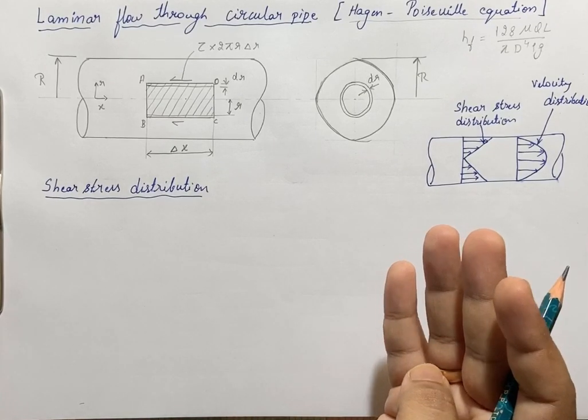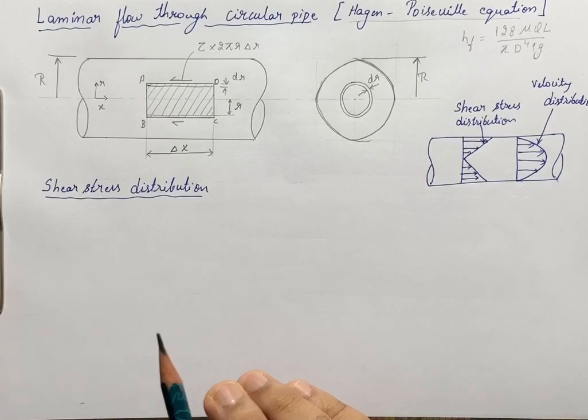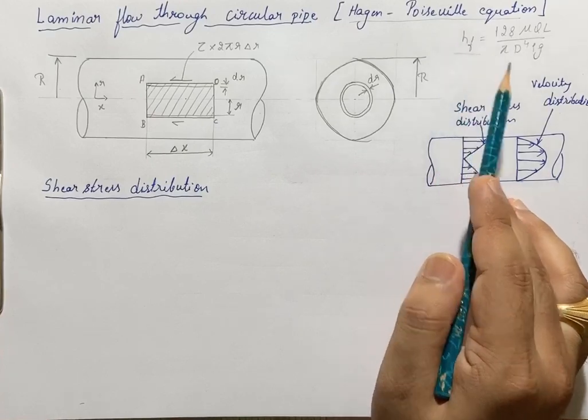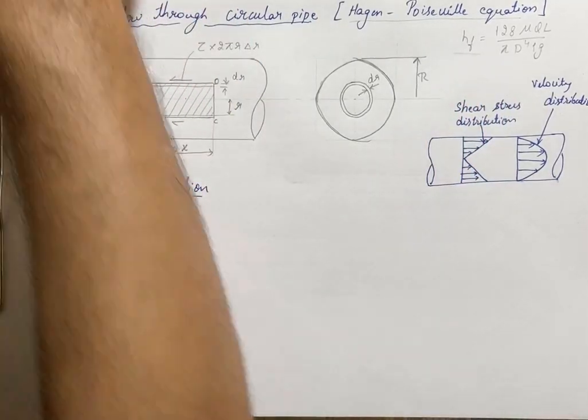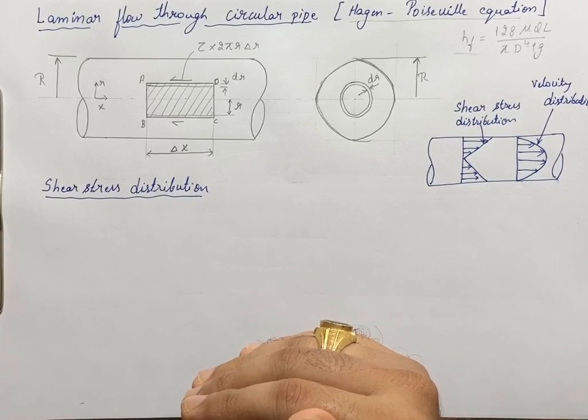Then in the fourth section, we'll be deriving the expression for pressure drop for a given length of pipe, that is hf. We have divided the derivation into these 4 sections.